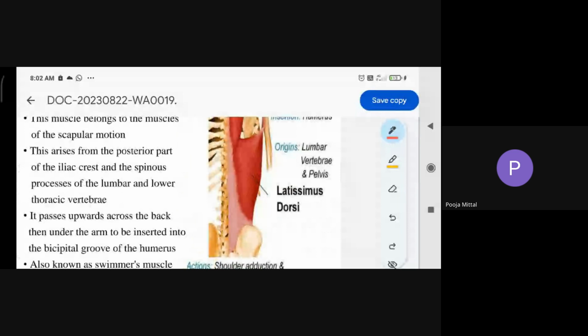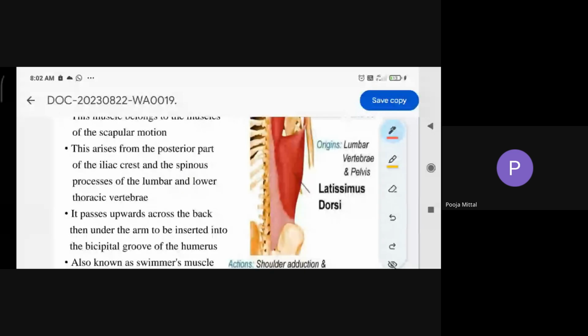Let me draw again. Just assume that this one is our vertebral body, which is present at the front side of the vertebra.